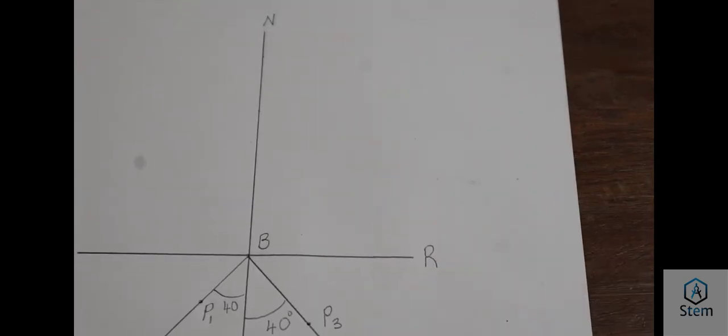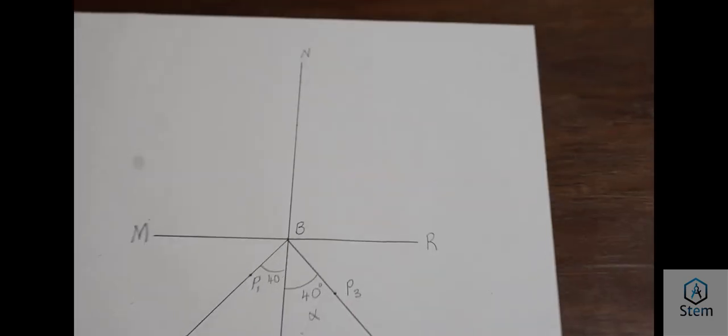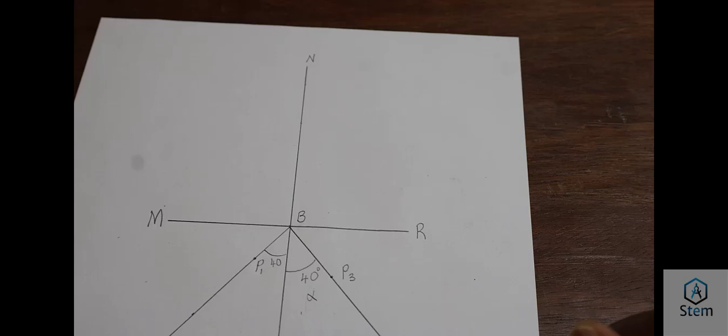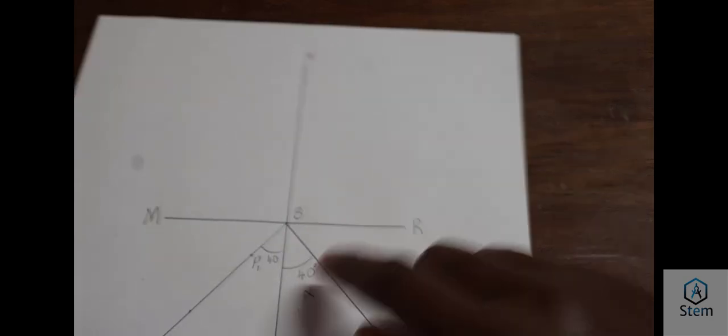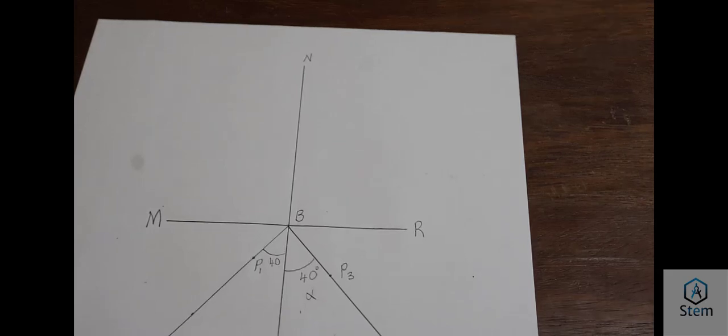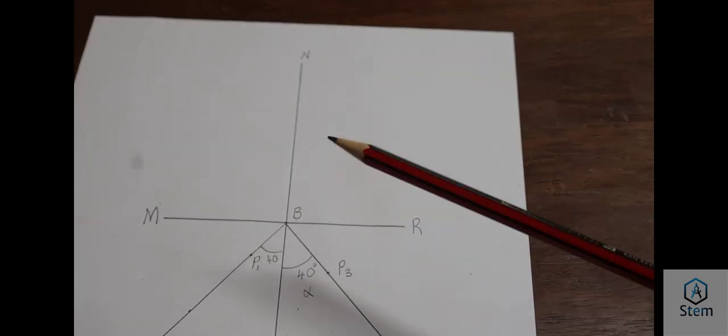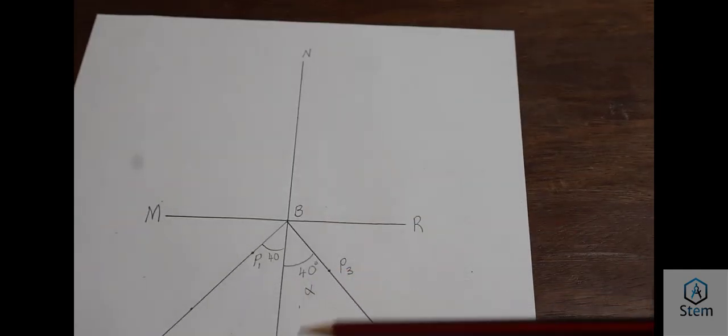Now it is important to know how to write this 40 degree, the alpha angle. And by the way, if in your experiment you got something like 38, 39, 41, 42, that's acceptable.